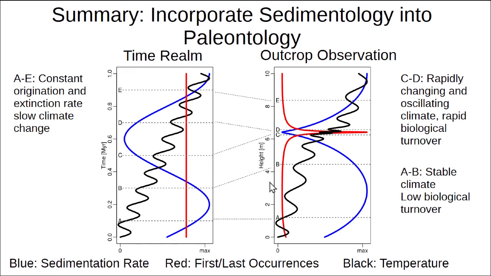So assuming we have a constant origination and extinction rate and a slow climate change. And if we don't incorporate information on the blue curve, the sedimentation rate, we will get a very biased impression from what we can see, the outcrop or the core. So between A and B, we'll observe a relatively stable climate with low biological turnover, whereas in the short condensed interval between C and D, we will observe a rapidly changing and oscillating climate accompanied by a rapid biological turnover.